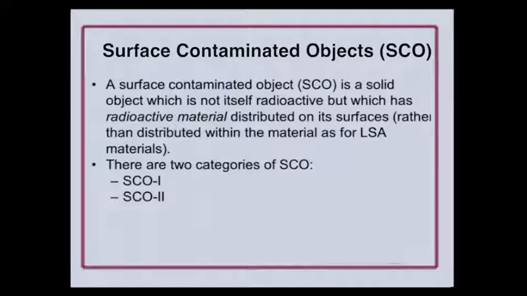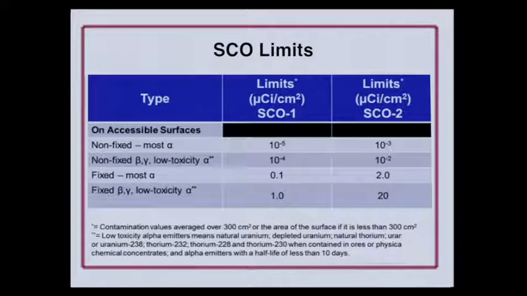There are two categories, SCO1 and SCO2, and it is split down. I only listed the standard units. When you look to the reg, it lists SI as well, and it also gives you dpm per centimeter squared. But I've just listed microcuries per centimeter squared. It's split down on accessible surfaces, the outside of it.